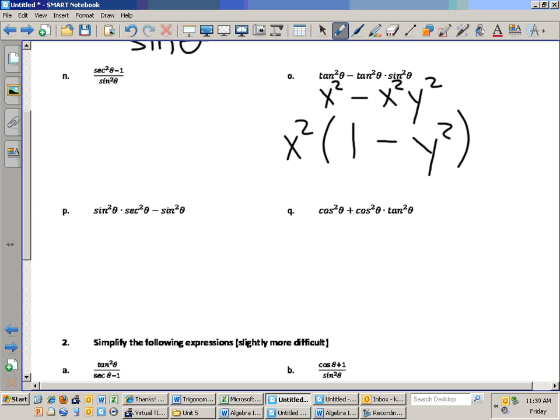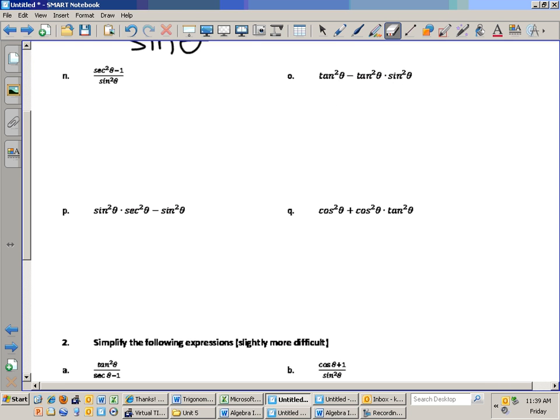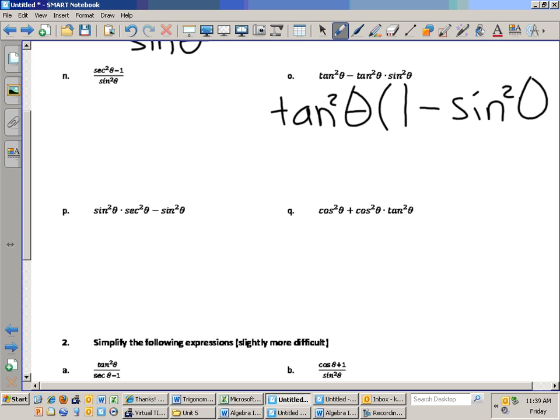right, so we're going to do that same thing, except instead of our x's and our y's, we're going to use tangent squared and sine squared. So what's the common factor? So I take out a tangent squared of theta, and I'm left with 1 minus sine squared of theta. Now that's helpful for me, because I know how to work with 1 minus sine squared of theta.